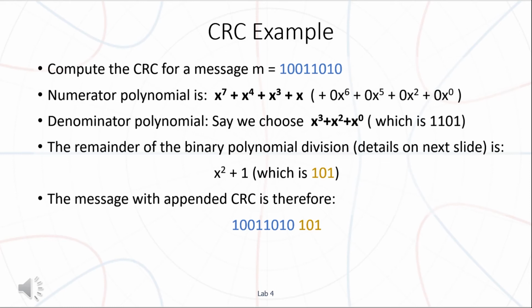So, when we send the message that we want to send, shown in blue here, we also send a CRC of 1, 0, 1, which the other side should be able to compute and compare. And if the CRCs are the same, then none of the bits in the message have been changed.